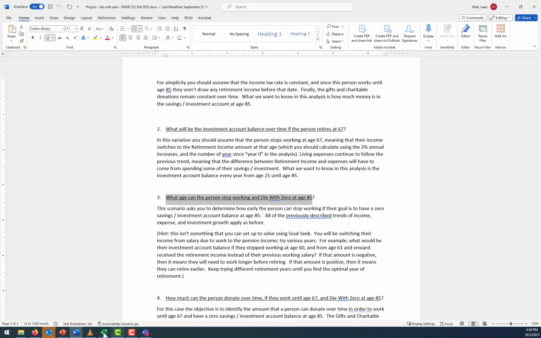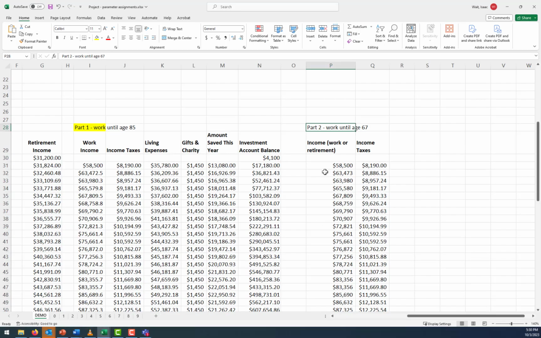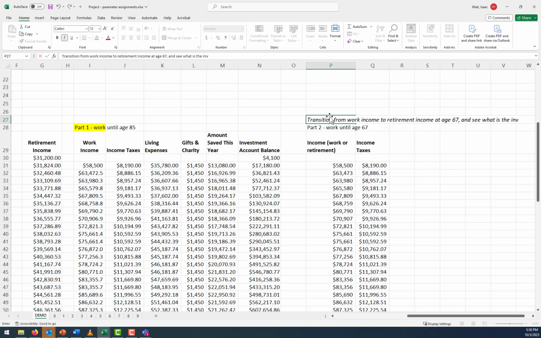What that means is that in the third scenario, rather than having the transition like we did in part 2, the idea in part 2 is transition from work income to retirement income at age 67 and see what is the investment account balance over time. That's the essence of part 2.